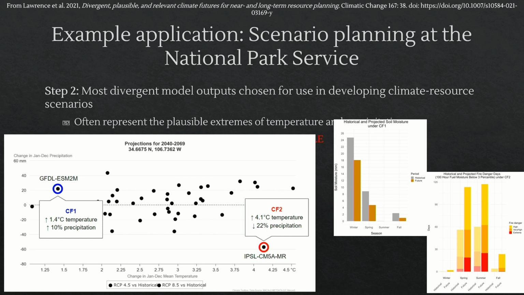So way hotter and quite a bit drier, 20% drier. And then on the other end here, equally plausible, is still an increase in temperature, but precipitation is one of those weird variables that climate scientists have issues with because it's hard to predict in future models. So in this case, it could be an increase of 10% precipitation, so an increase of about 20 millimeters.